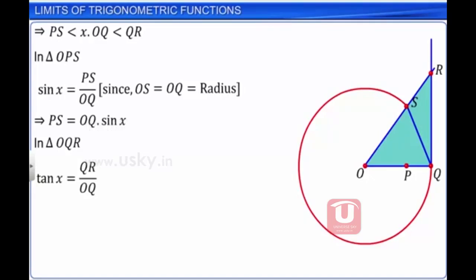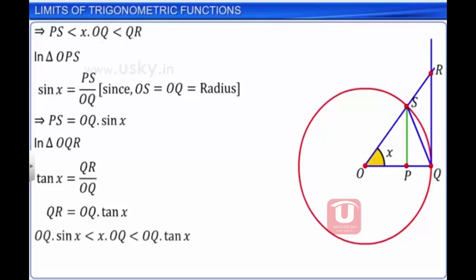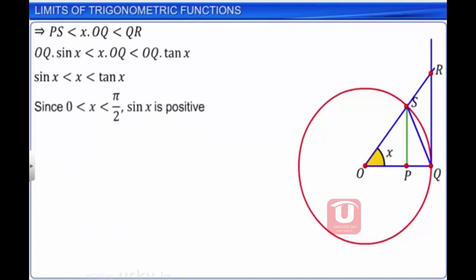Hence, QR is equal to tan x multiplied by OQ. We will substitute these two inputs in the relation. Since OQ is positive, the relation can be represented as shown. Since x lies between 0 and pi divided by 2, sin x is positive.